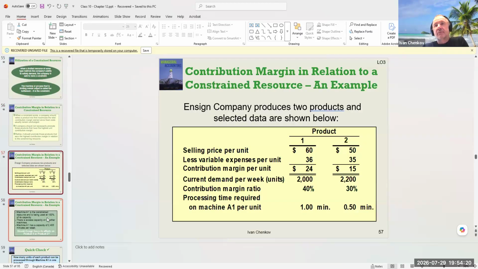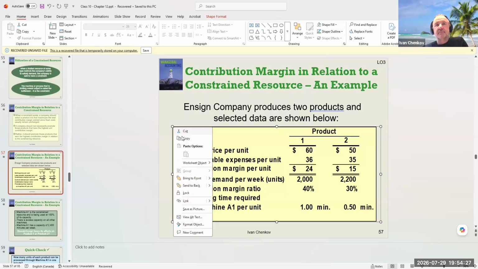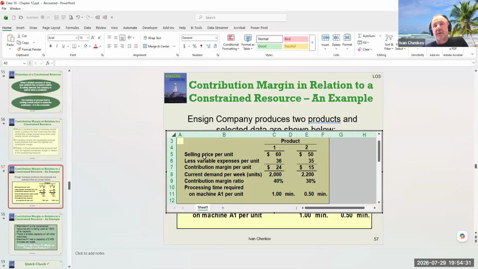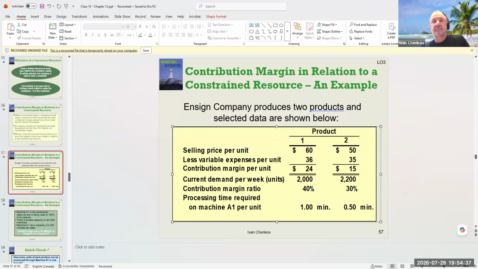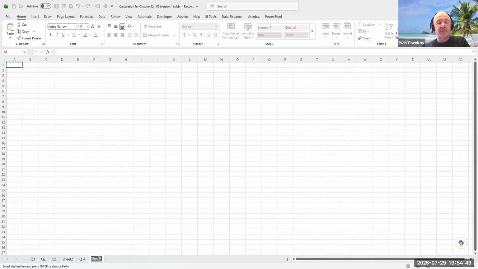How is this going to work? We're going to have this example here. This company is going to have two products. Let me copy this information and move it to an Excel spreadsheet, into question 5.